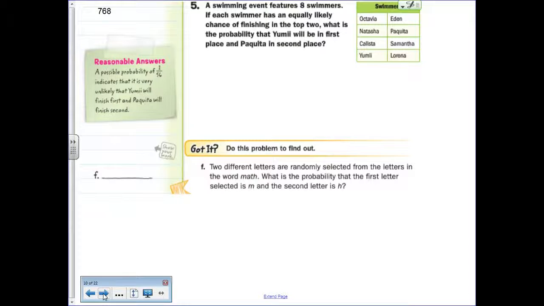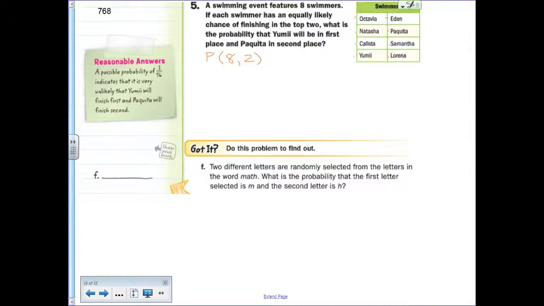First of all, how many swimmers are there? There are 1, 2, 3, 4, 5, 6, 7, 8 swimmers over here in our table. So we're looking for what is a permutation of 8 swimmers. And then we want to know just about first and second place. So we only need to permutate to 2 places.